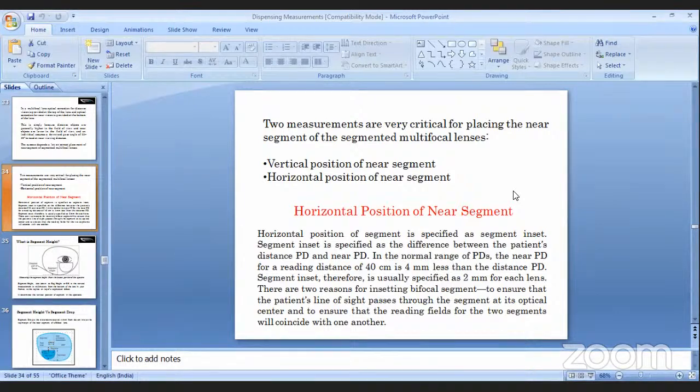Segment inset, therefore, is usually specified as 2 millimeter for each lens. There are two reasons for insetting the segment bifocal. Number one, to ensure that the patient's line of sight passes through the segment at its optical center. And number two, to ensure that the reading fields of the two segments coincide with one another.